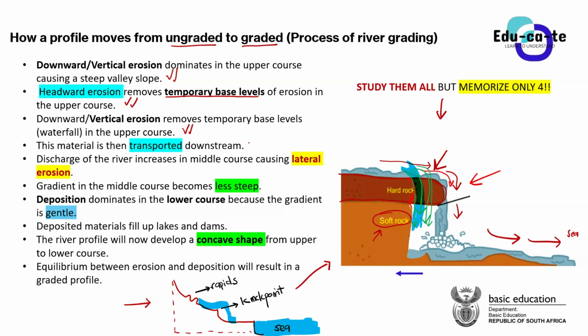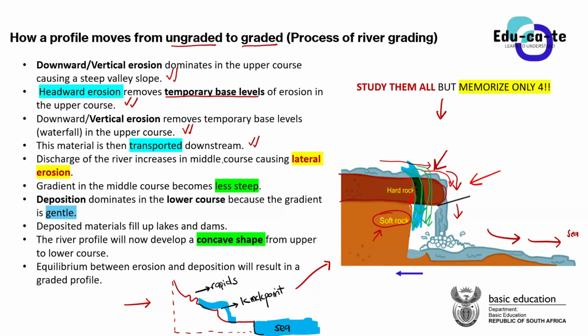That is one of the processes, and we say that is known as transportation. Because remember, guys, I told you of 3 fluvial processes: erosion, deposition, and transportation. So one of those processes is transportation, whereby the material that has been eroded is transported in the course of the river.